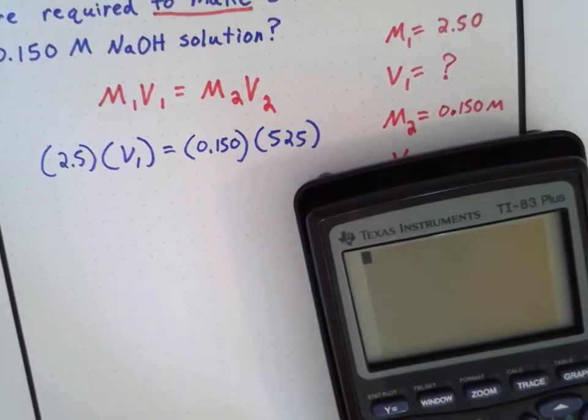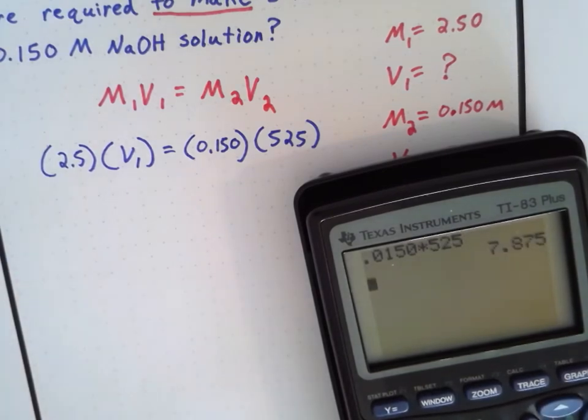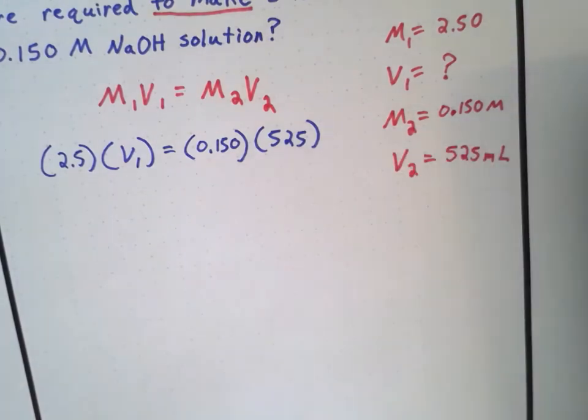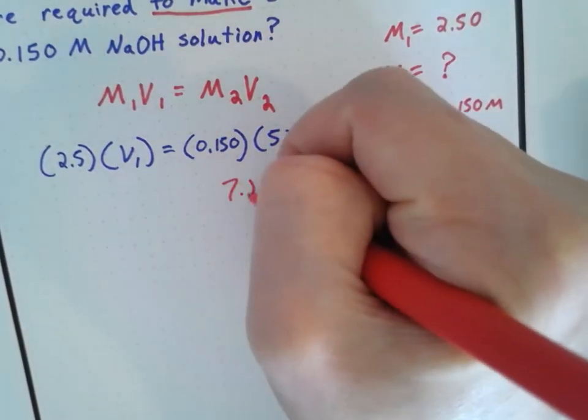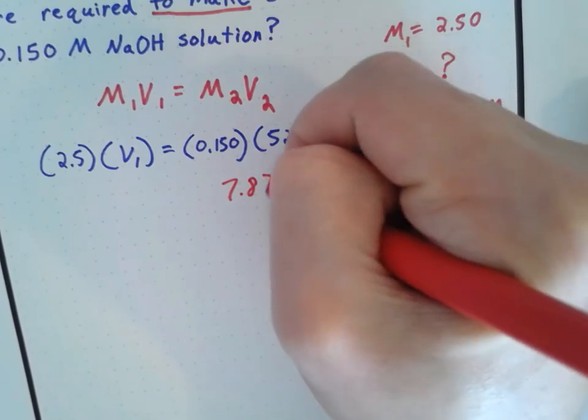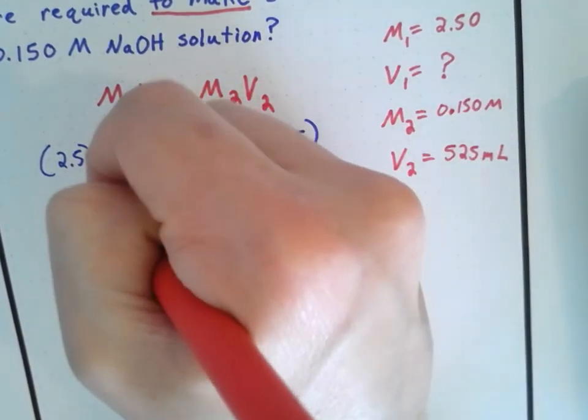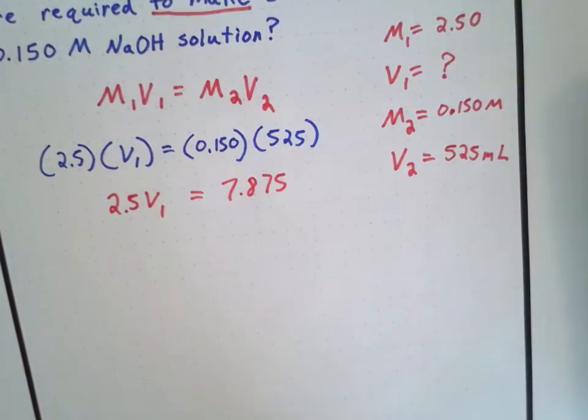So I'm going to simplify the right side. Take the product of those two numbers. And I get 7.875. And then on my left side, I basically have 2.5 V1. So I need to divide both sides by 2.5.